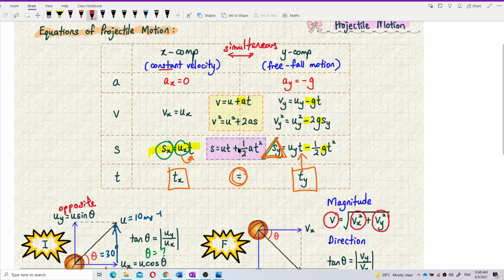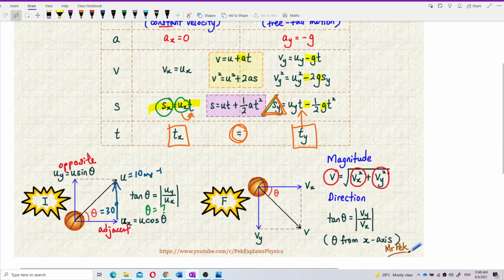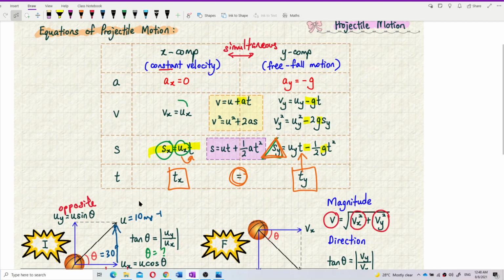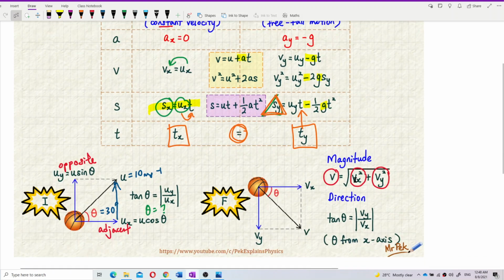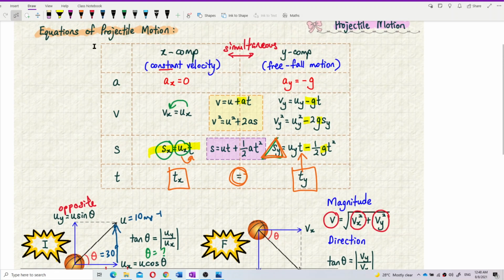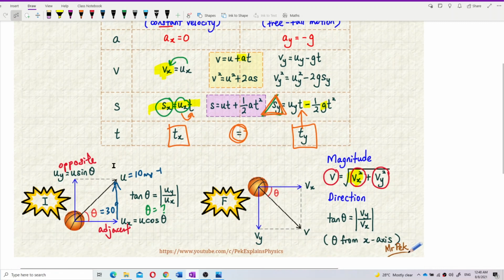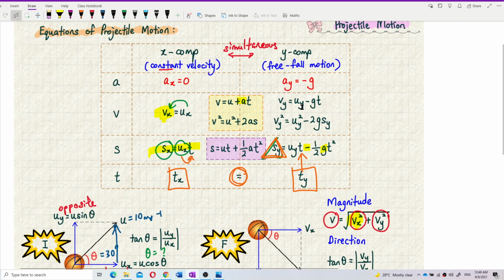What I'm trying to say is, you have the ux initially. Ux is actually the same as vx, so you got your first vx. Then from uy, you just use this formula, substitute, and then you get your vy.